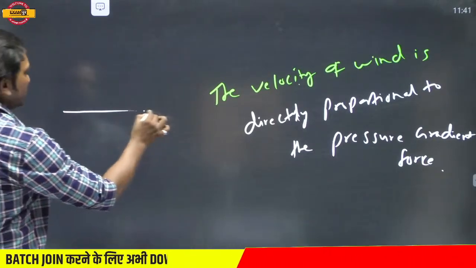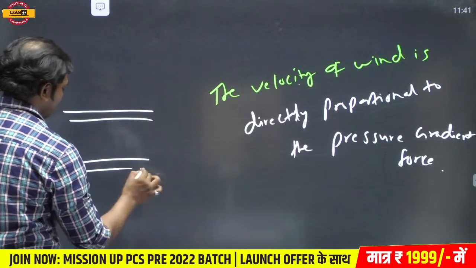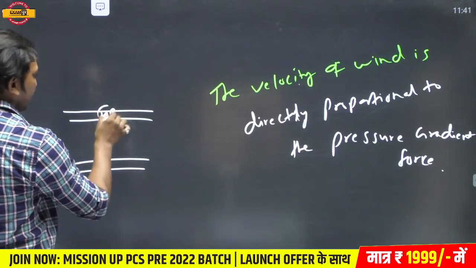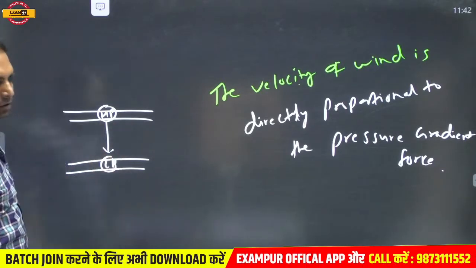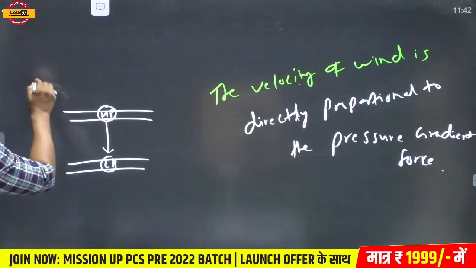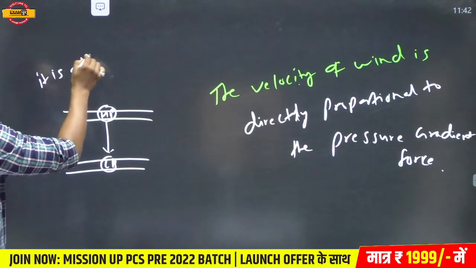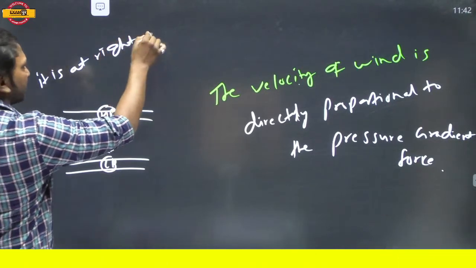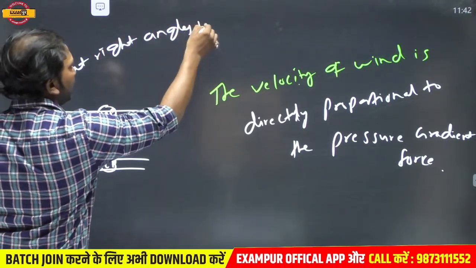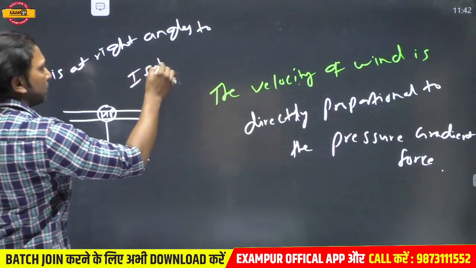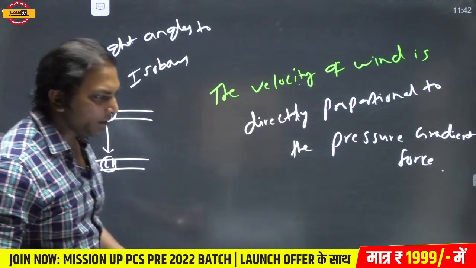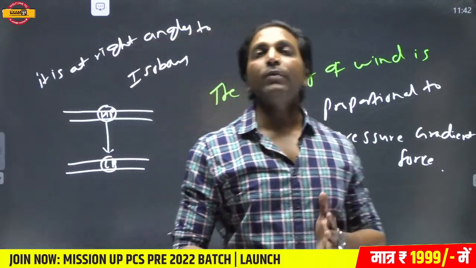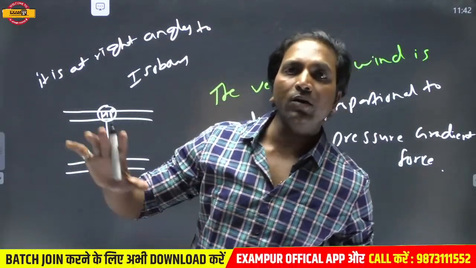Like here it becomes a high pressure, here it becomes a low pressure. So it is at right angles to isobars.